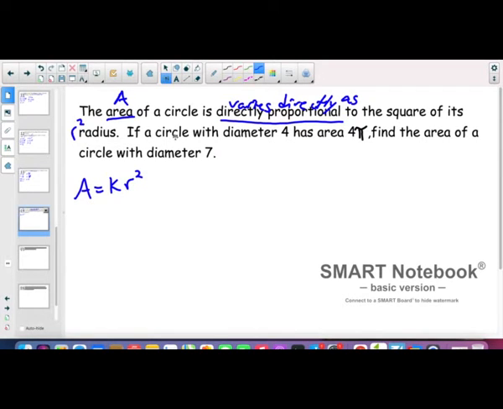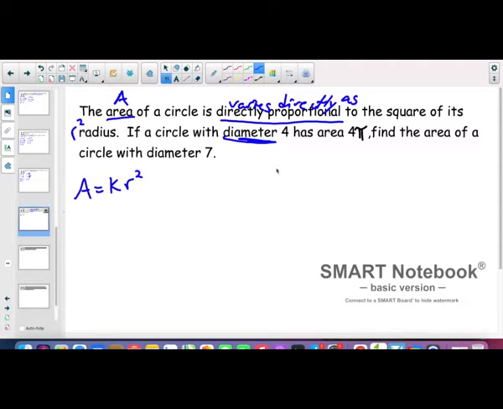If a circle with diameter 4 has an area 4 pi, find the area of the circle with diameter 7. Well, there's one problem here. This problem, when it's giving us values, is describing diameter, our formula says radius. So what is the relationship between the diameter and radius?